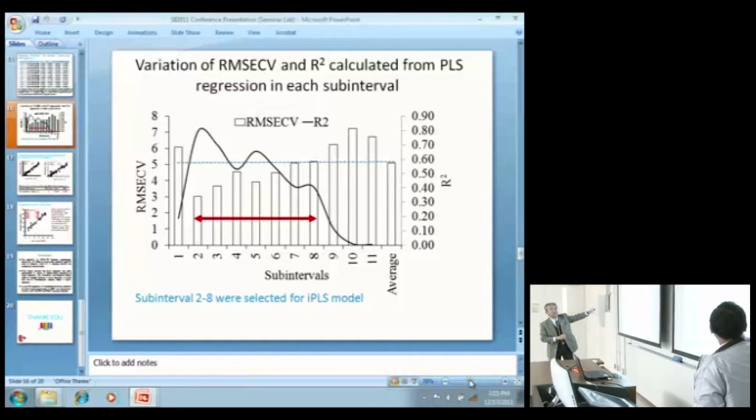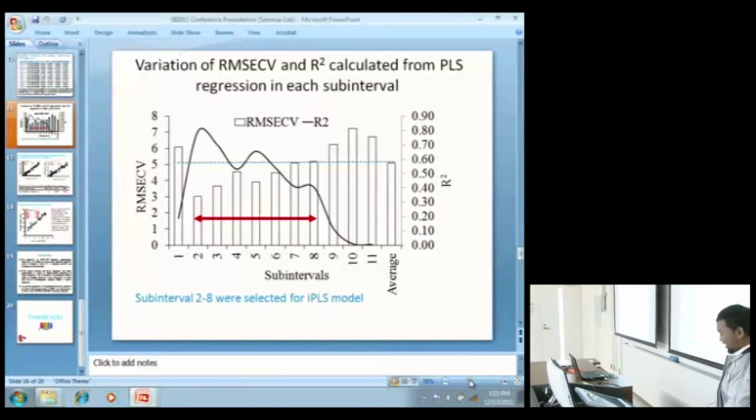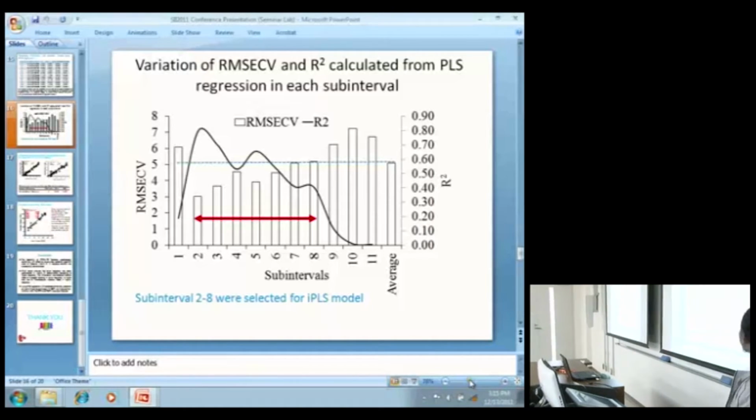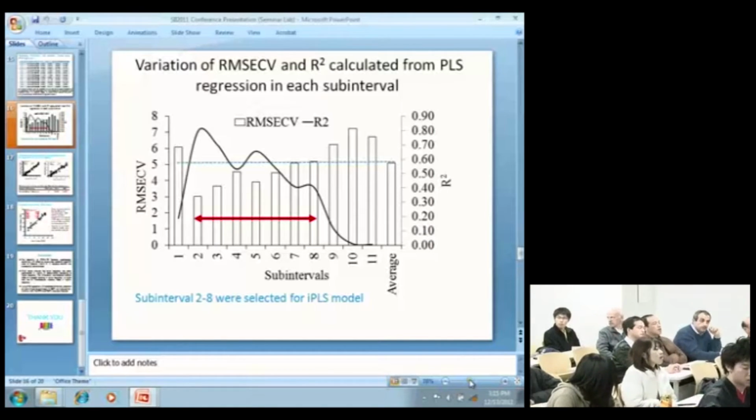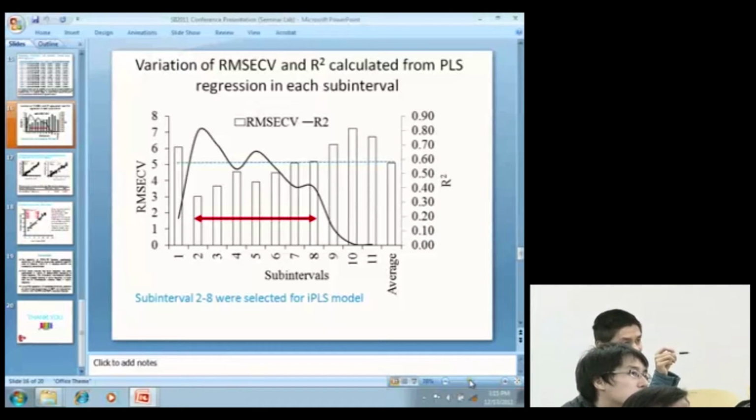R square. R square, sorry. Slide number. Select number, okay.